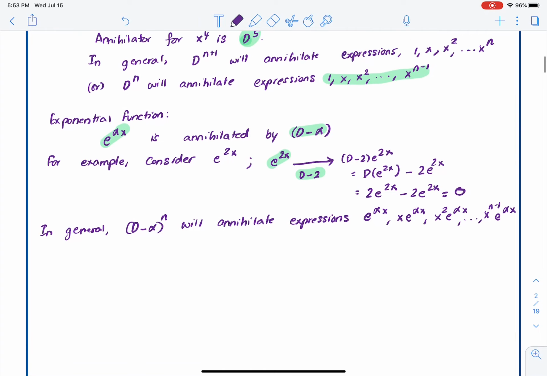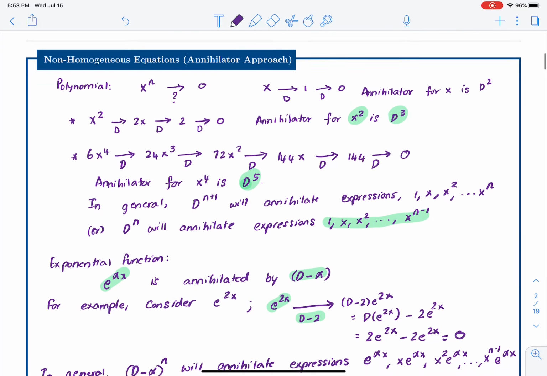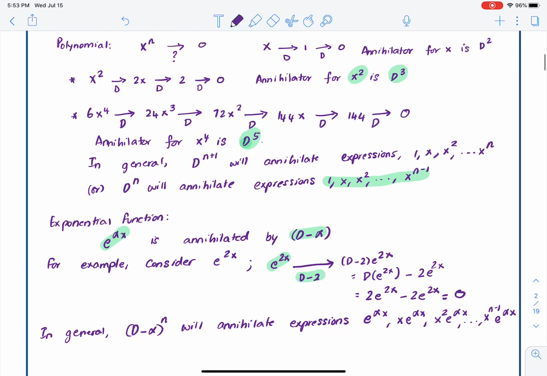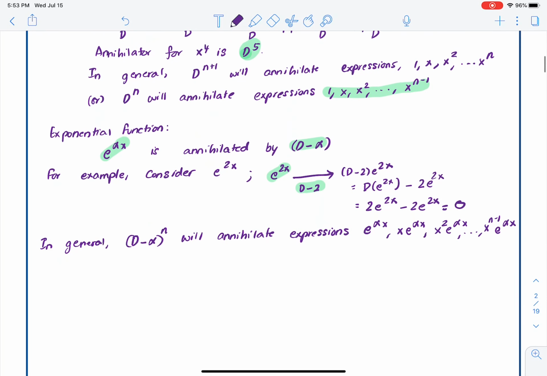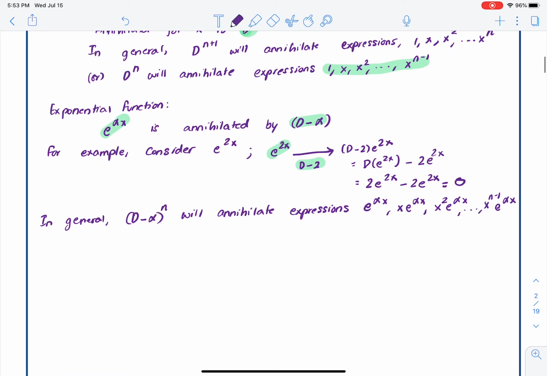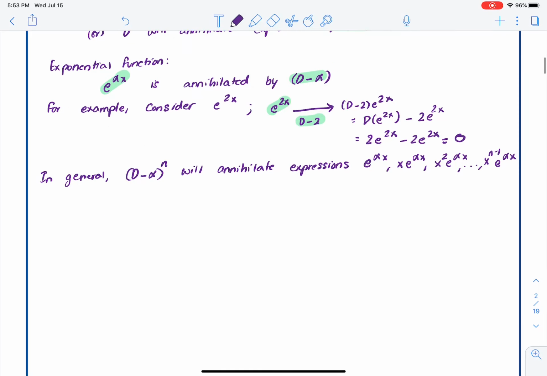The same logic as we had in the previous case with the polynomial case. A higher order operator will annihilate everything below that. So we're just extending that to an exponential function.